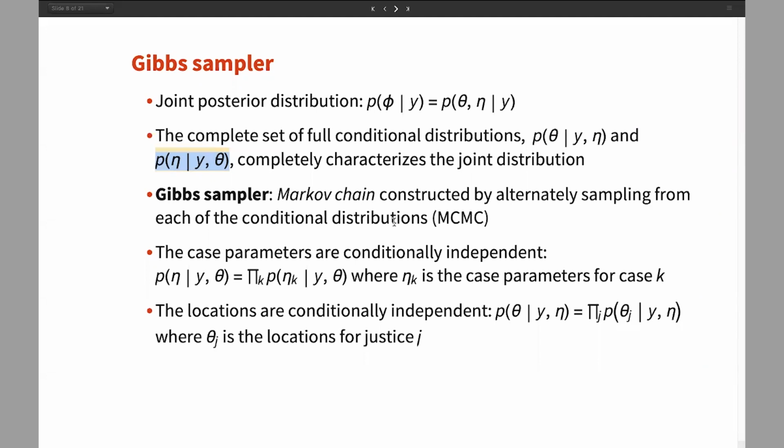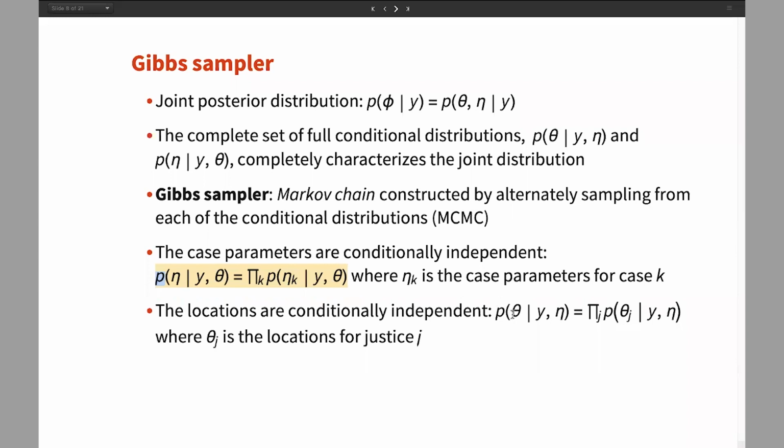Now we're going to get a further decomposition, now that we recognize, okay, let's look at the case parameters themselves. It turns out the way they structure the model, and the way we structure the model, each of these case parameters can be taken independently, conditioned on the votes. And so we can make a draw from every one of those separately without reference to the others, once we assume we're seeing the locations, which of course will change from iteration to iteration.